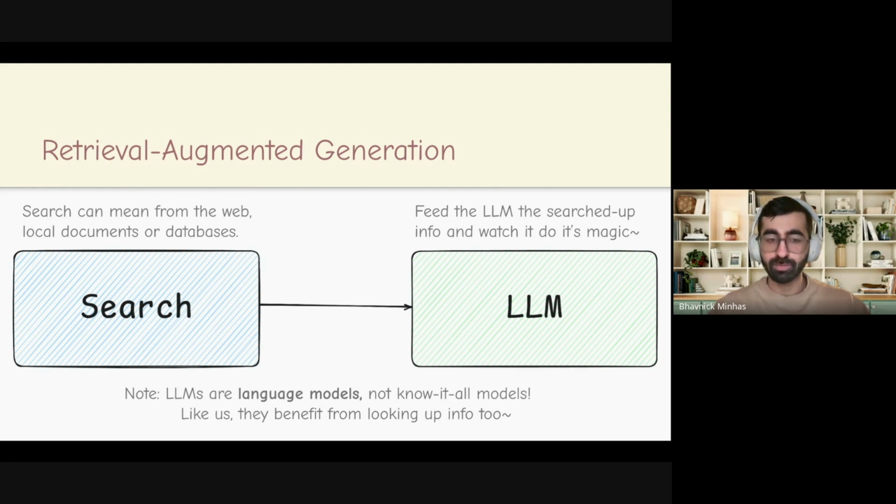So RAG is everywhere. And the main idea about why RAG came about was actually that LLMs were not meant to be know-it-all models like we treat them to be. So everybody goes to ChatGPT and they ask questions like, "Oh, how do I do this? How do I do that?" And it sort of just knows. But they were just meant initially as language models.